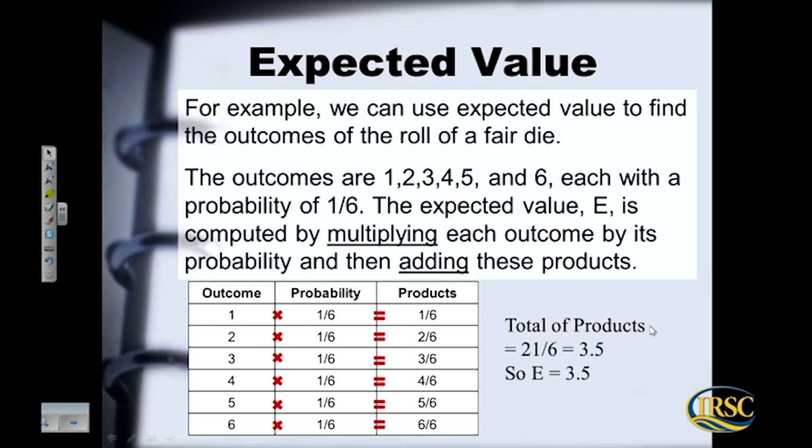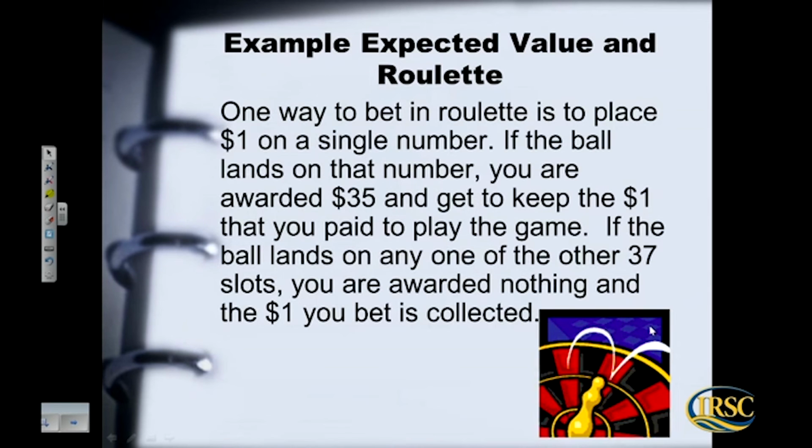Now, let's see a little bit more practical way of using expected value. One way to bet in roulette is to place $1 on a single number. Down in the bottom is what roulette looks like if you're not familiar. The person in charge spins the wheel, they roll a little white ball around, and wherever it lands, you have to wait for the outcome.